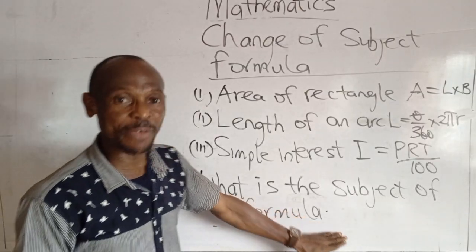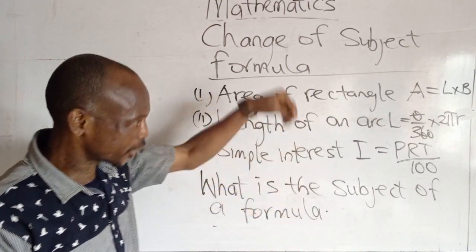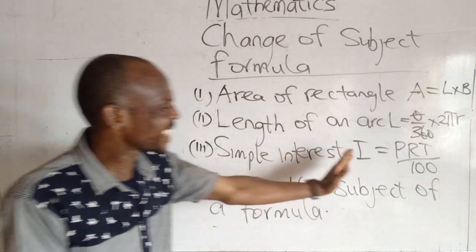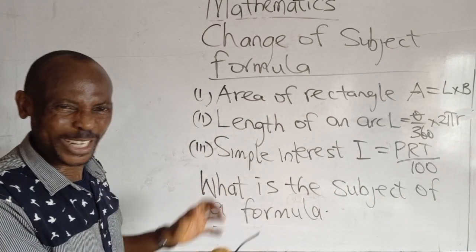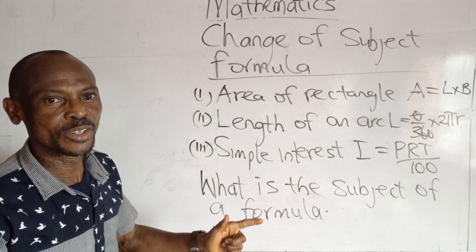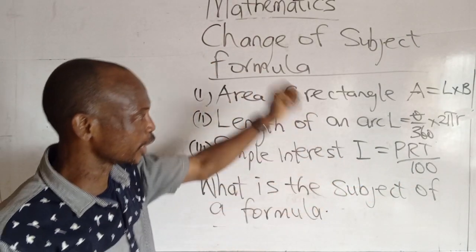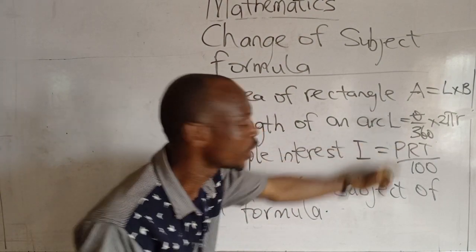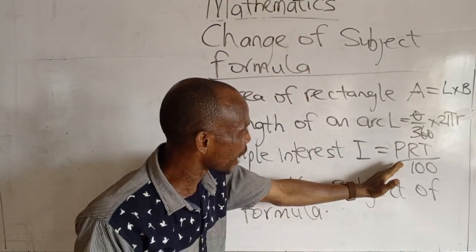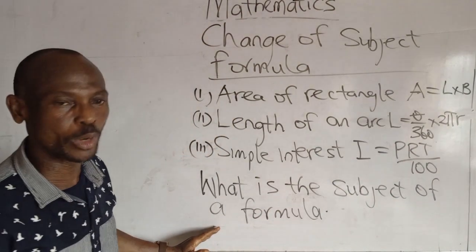The subject of a formula is the letter or the symbol that is standing alone on its own in one side of the equation in the formula given to you. So the letter or the symbol that stands alone in the formula is called the subject of the formula.